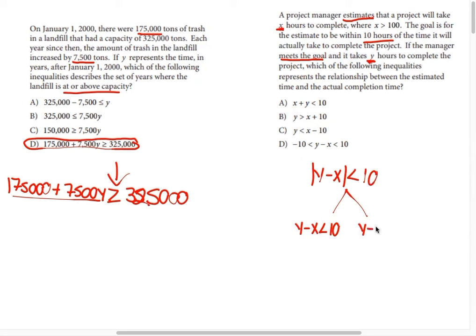The second one, we're going to flip the inequality and we're going to multiply the opposite side by -1. So we'll have Y minus X is greater than -10. And if we write this in order, we know that -10 is less than X minus Y, and X minus Y is less than 10, which will be answer choice D.